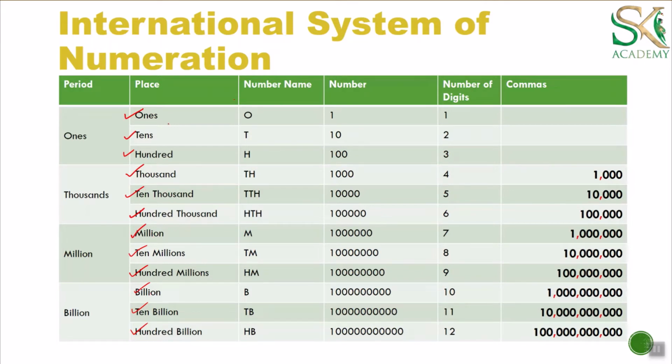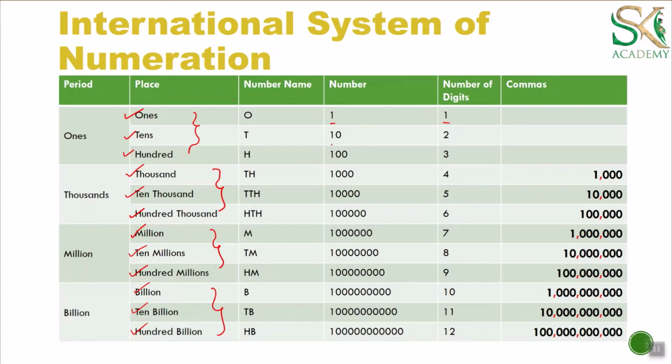That means we understand here that there are three digits here, then another three digits, then another three digits, then another three digits. If you see the numbers here, the first number has one digit.